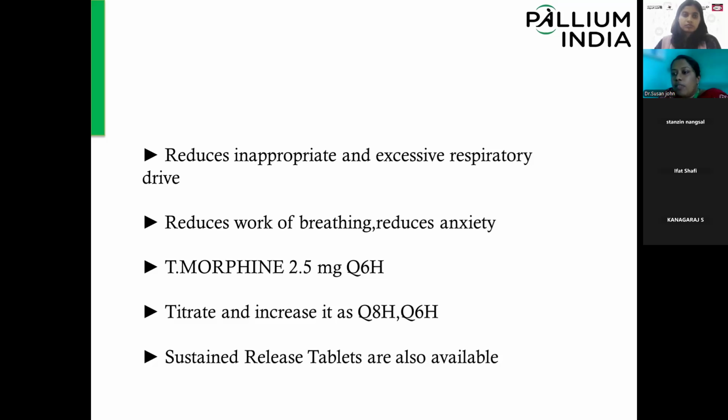So I have no cancer, doctor. That's why I stopped it. So if you are giving it for breathlessness, you have to explain why it is given. It is mainly for breathlessness. What is the mechanism? How will it decrease our breathing? You have to educate the caregiver. If possible, you have to tell the patient also. Okay.